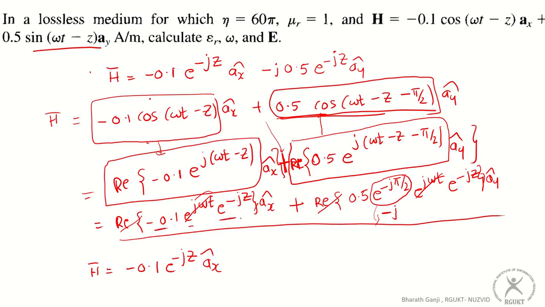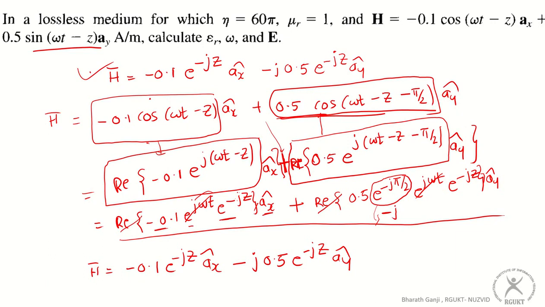So that is what is left here, plus or minus j is there, so minus j into 0.5 e power minus jz ay cap. So that is what I wrote in the initial statement. So you should be able to write these equations easily. In practice you will achieve it, but this is how you get the h bar equation in phasor form. So I have h bar in phasor form.